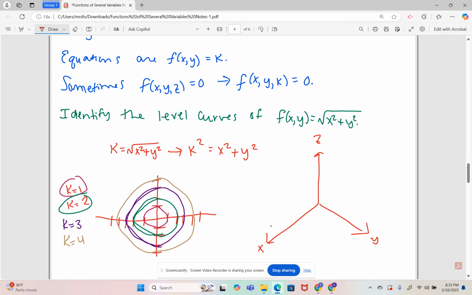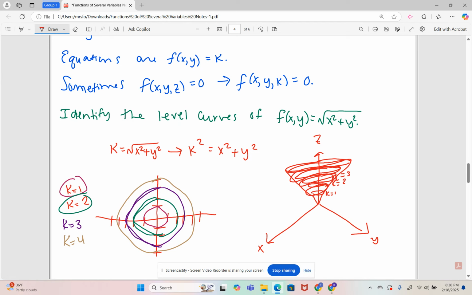We have k equals 1, then k equals 2, k equals 3, k equals 4 and 5. And we see this forms our cone. Again, not the best drawing.